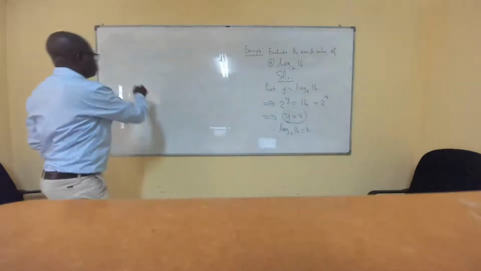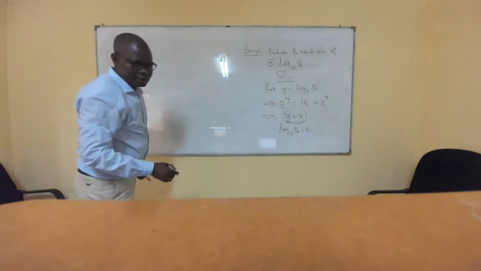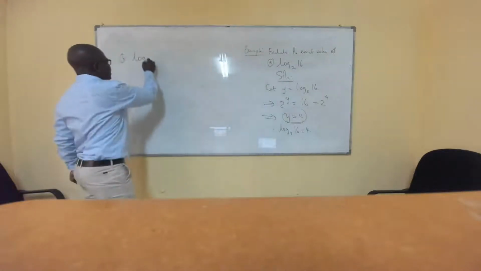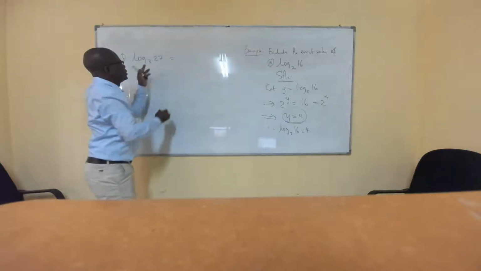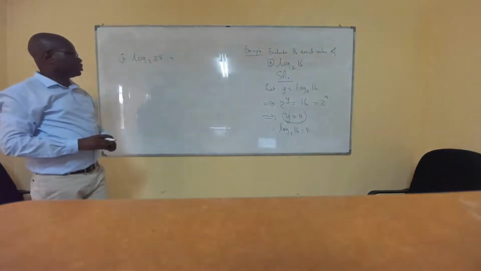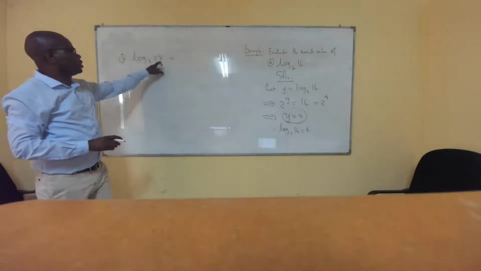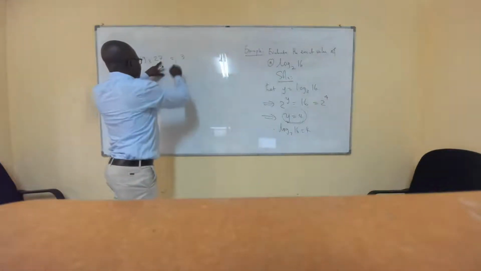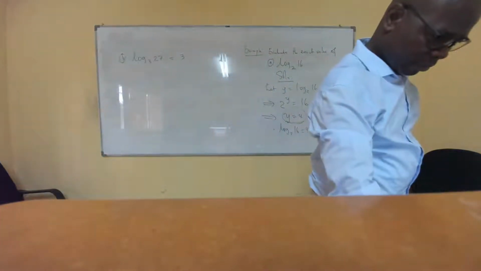The next example is log to base 3 of the number 27. So, the number to which 3 must be raised to give 27 is 3 itself. So that is the answer.